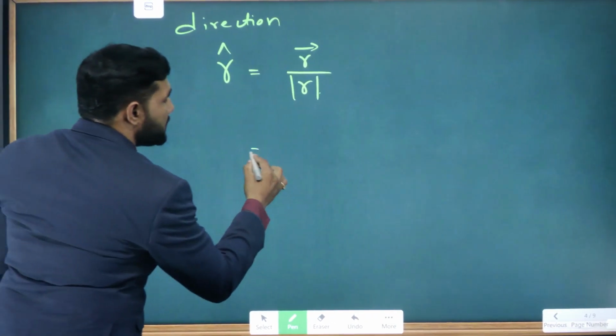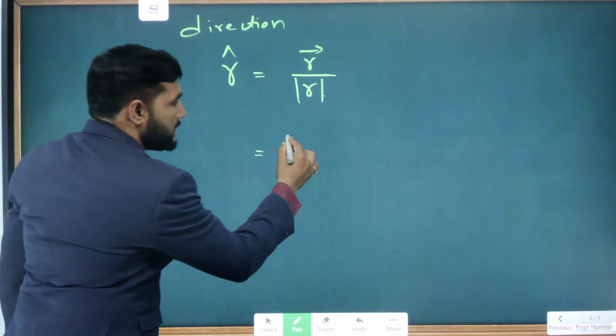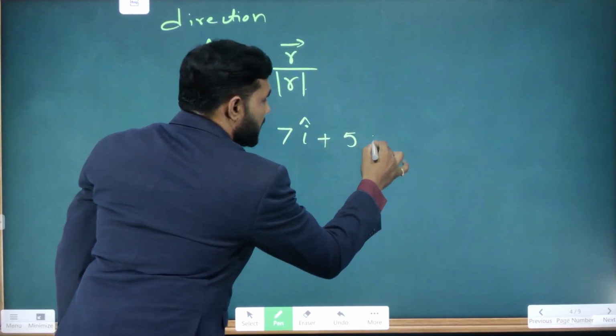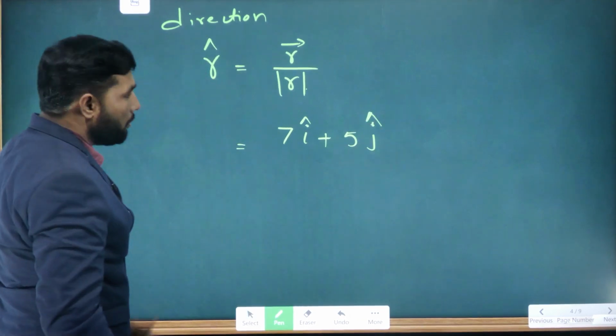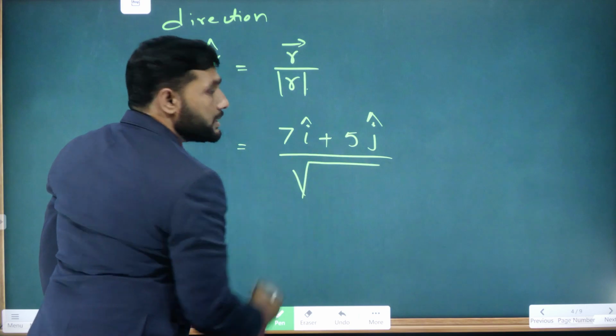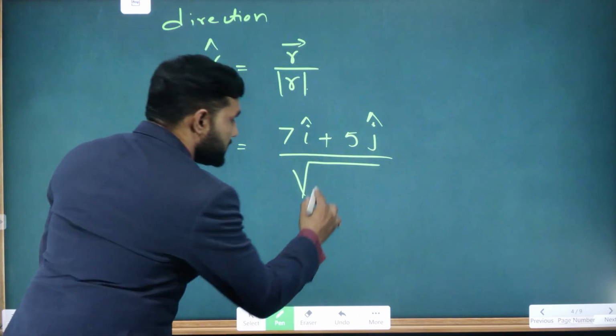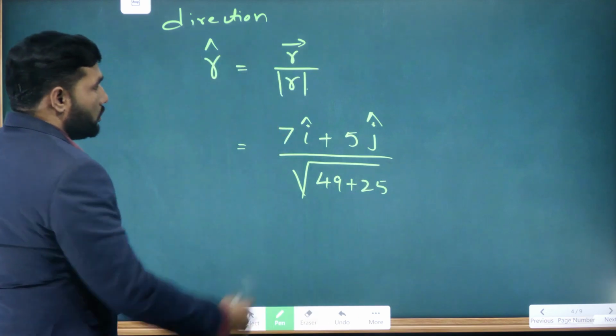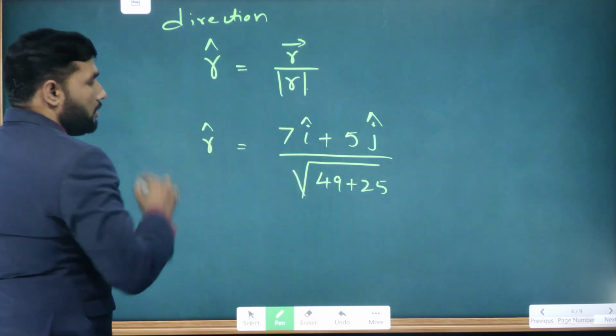We already represented r bar: 7 i cap plus 5 j cap. The magnitude is the square root of 7 square plus 5 square, which is 49 plus 25. So this is the direction of that vector.